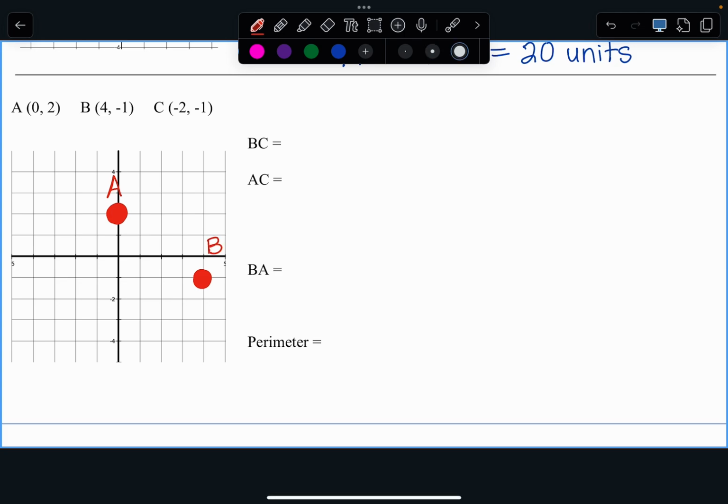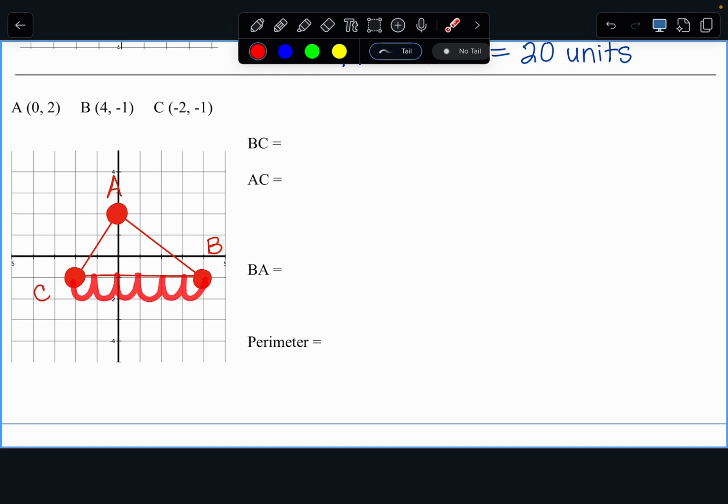Point C is -2, -1. So B to C is a horizontal line, so that distance is easy to find. Count the blocks. That distance is 6 units.